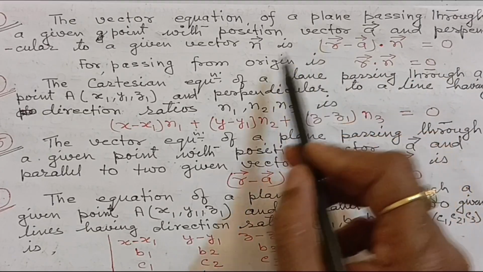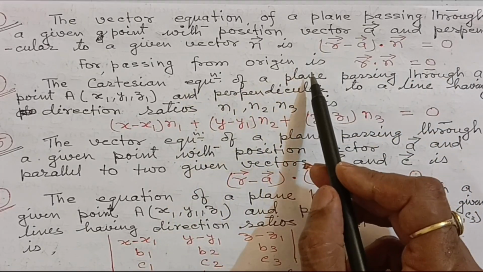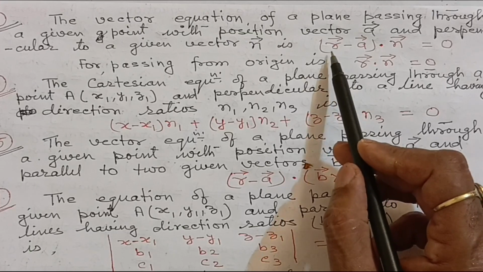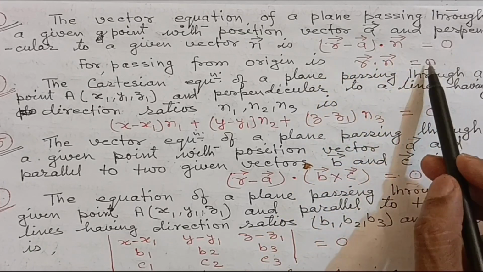If this plane passes through the origin, then vector R dot vector N is equal to 0.